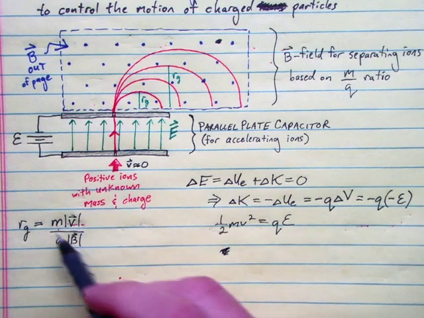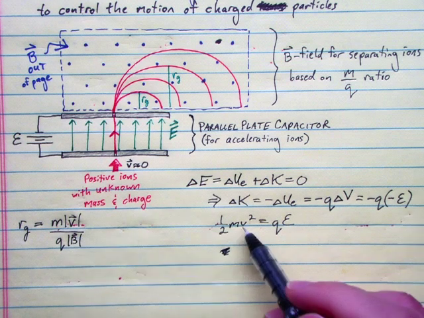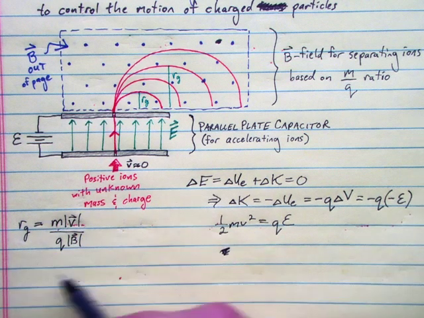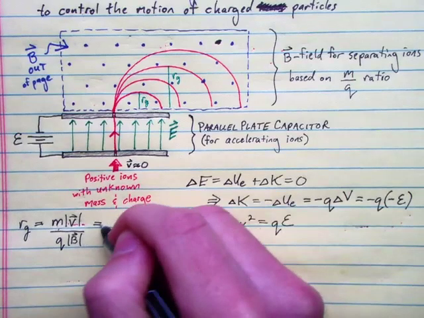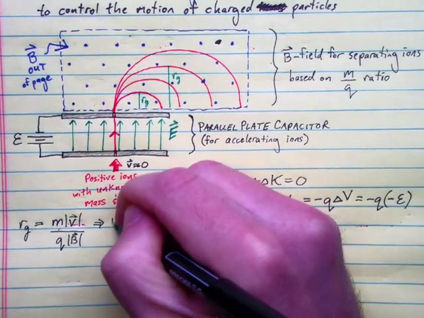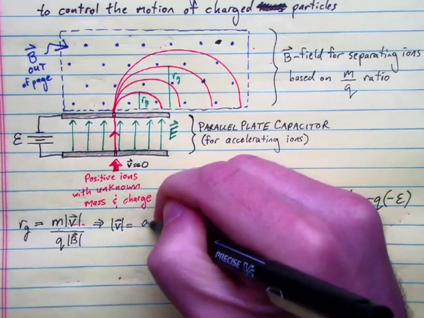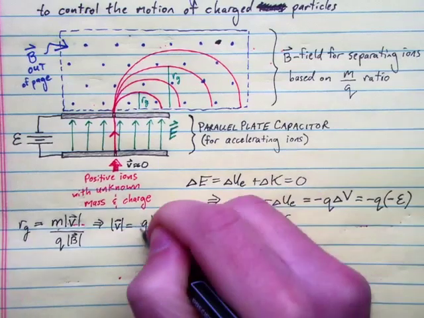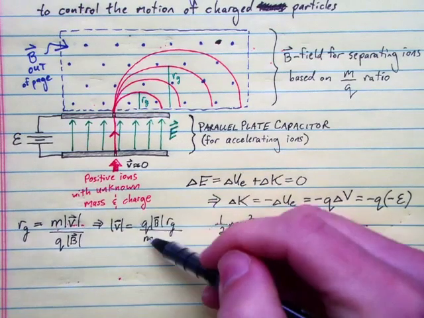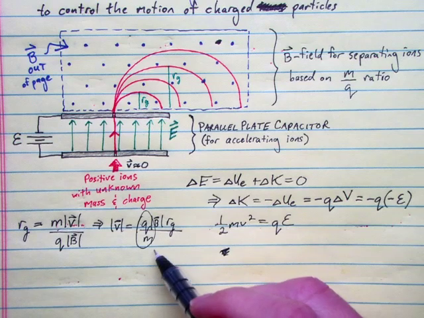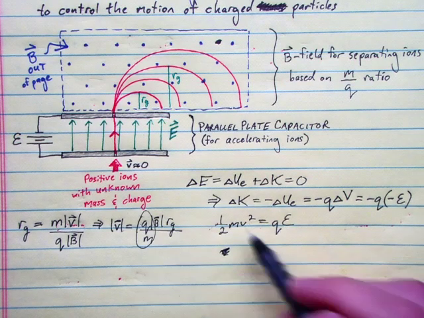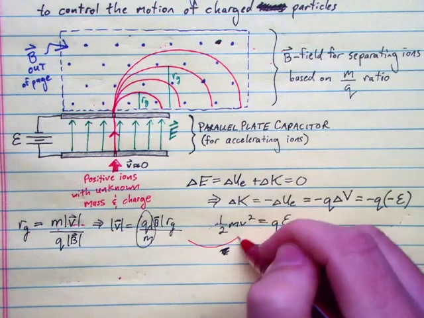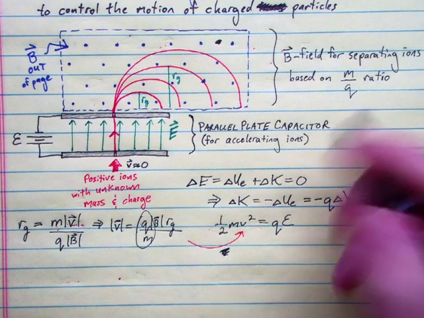So let's use this to replace v in terms of these variables. This says that the speed of the particle could be represented as qB times the gyro radius divided by m, and there's that charge to mass ratio showing up right there. Let's sub that in for our speed right here.